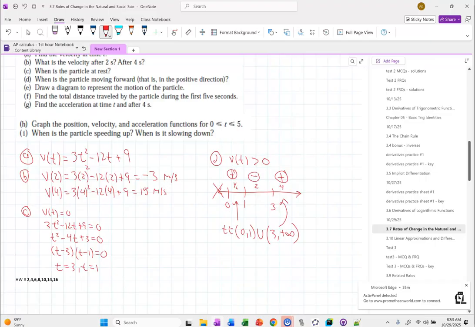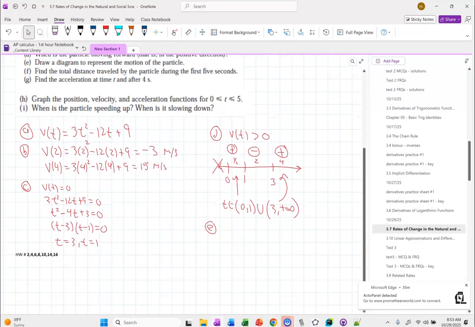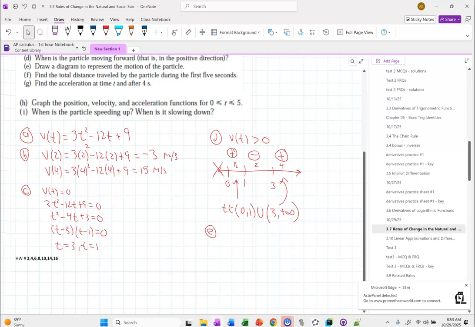Draw a diagram to represent the motion of the particle. To be honest with you, I wouldn't ask you to do that. I mean, we're at time t equals 0. We're moving forward to like 1/2.